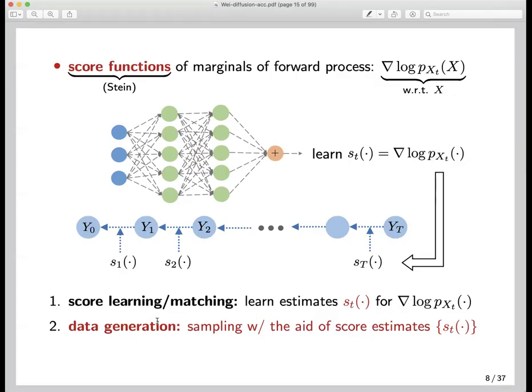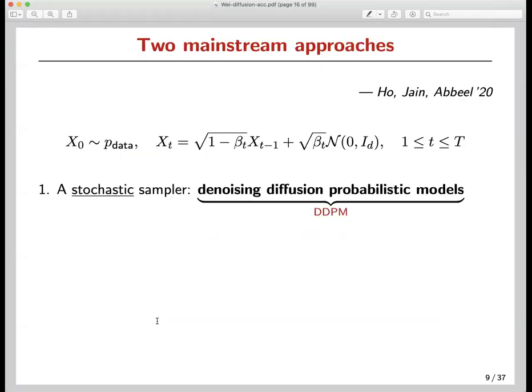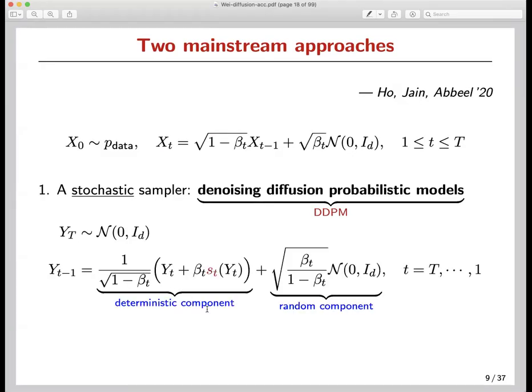There are two mainstream approaches focused on achieving this goal. One approach is called DDPM, or denoising diffusion probabilistic models, which is a stochastic sampler. You start from pure noise, a standard Gaussian, and at each step you apply this function psi_t to your Y_t. So this is an iterative approach. More specifically, this sampler contains two parts: a deterministic component and a random component.